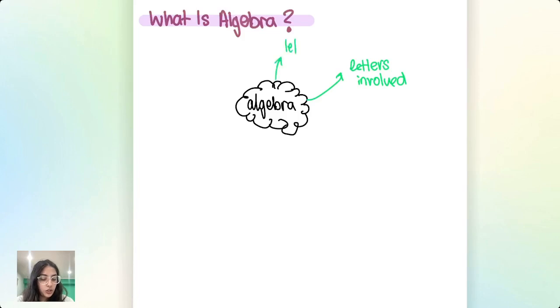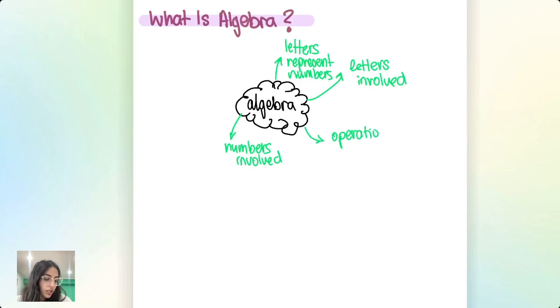Cool. Joseph, what about you? There's numbers involved as well. That's good. Yes, Bilal. There's plus, minus, times, and division. Yeah, nice. So there's operations involved.